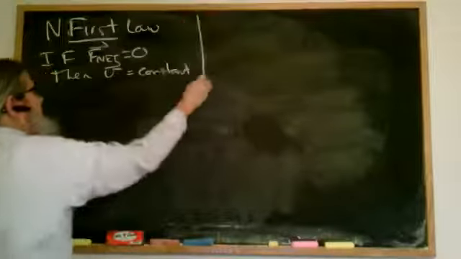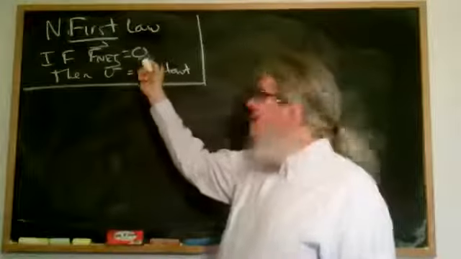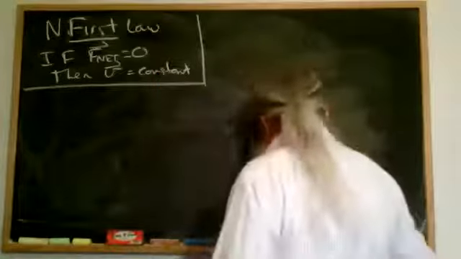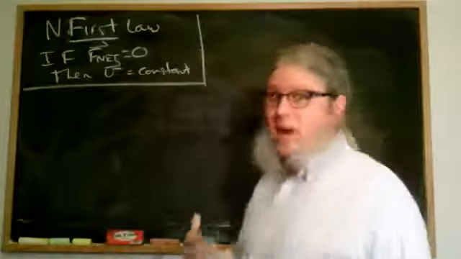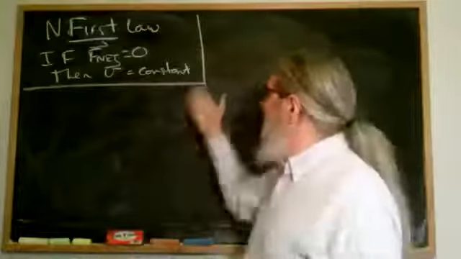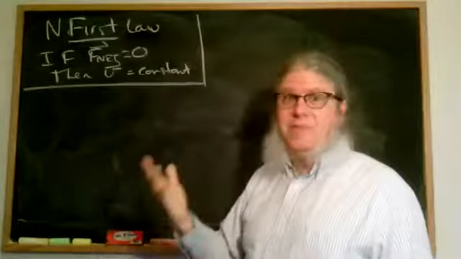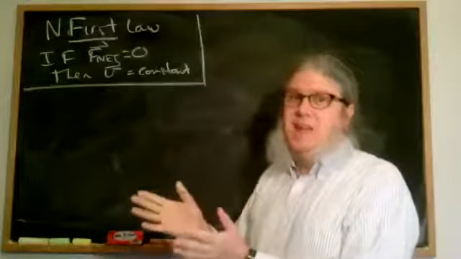And you might reasonably ask the question, why do I need the first law if I can derive this from the second law? What was Newton's purpose in writing this down? The reason he wrote this down is not because you couldn't derive this from the second law, but because he wanted to start by defining what we would call the basics of natural motion.